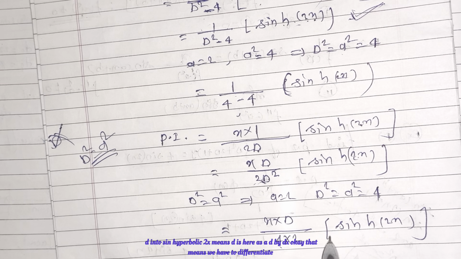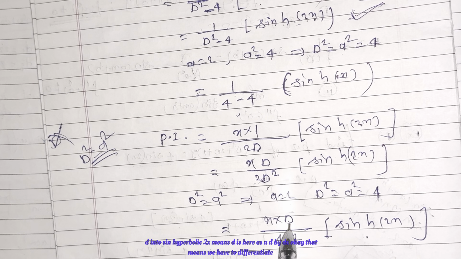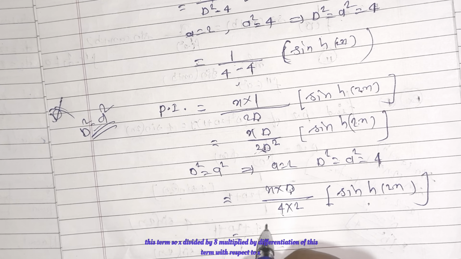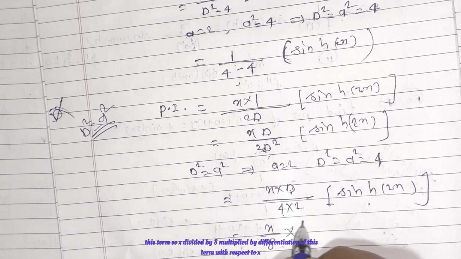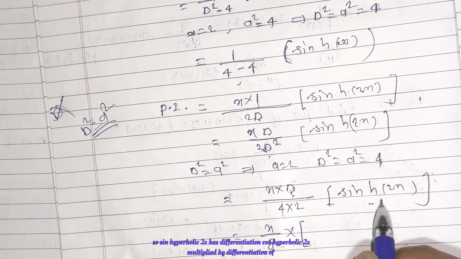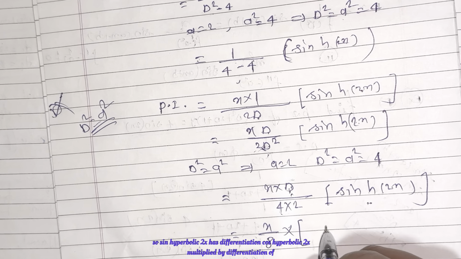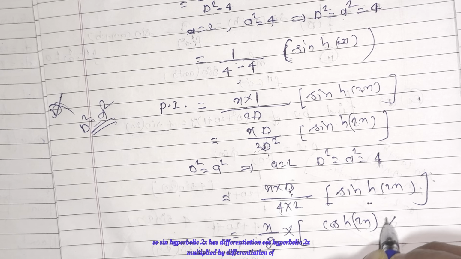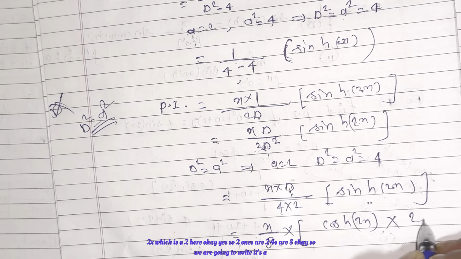D acting on sine hyperbolic 2x means d by dx, that means we have to differentiate this term. So x divided by 8 multiplied by the differentiation of this term with respect to x. Sine hyperbolic 2x has differentiation cos hyperbolic 2x multiplied by the differentiation of 2x, which is 2 here.